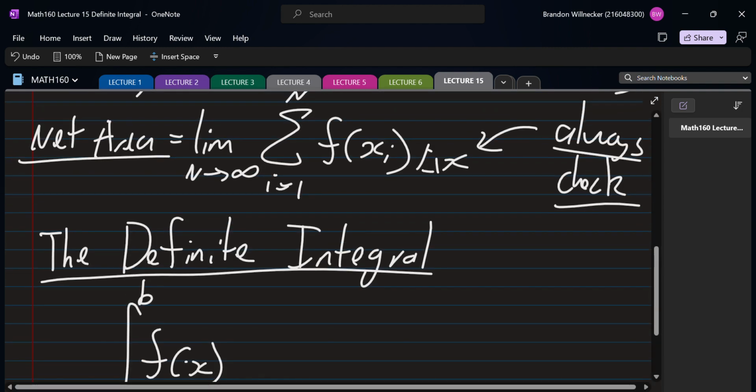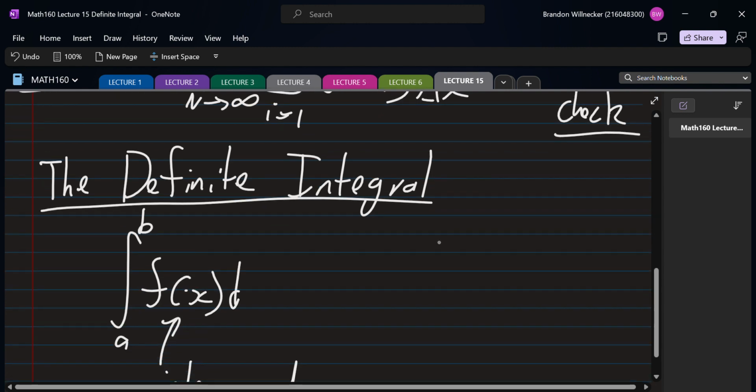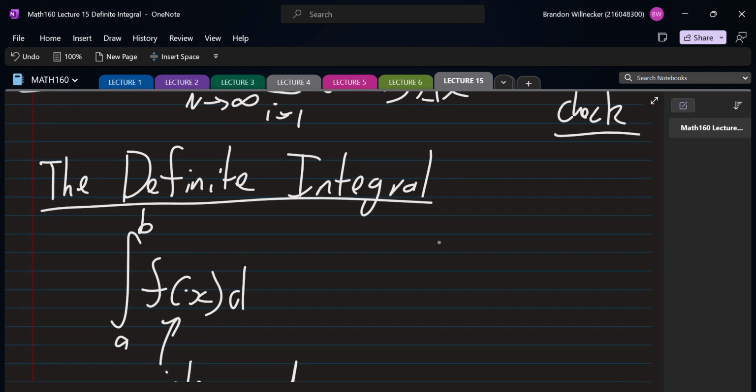And then this delta x, instead of writing the Greek delta, we're going to replace it with a d. So it will be dx. We call that the differential. You've seen that before.